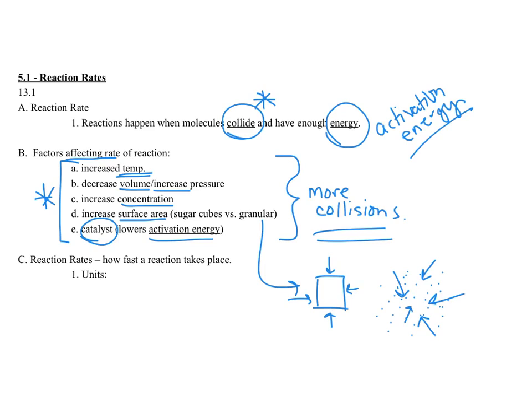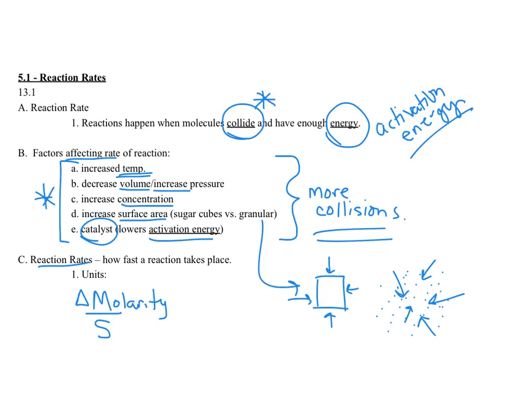When we look at reaction rates and describing how fast reactions take place, we're going to talk about that in terms of molarity per second. Remember, capital M is molarity, and actually specifically we should talk about delta. That triangle, anytime you see a triangle in any equation, represents change. So how does that molarity change over time?